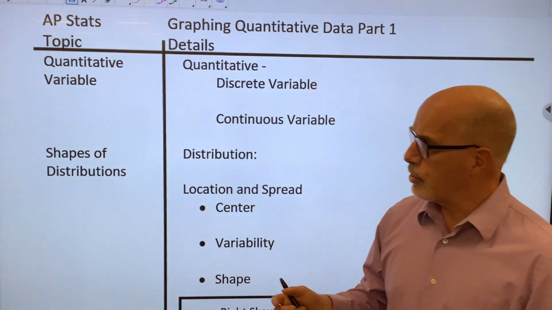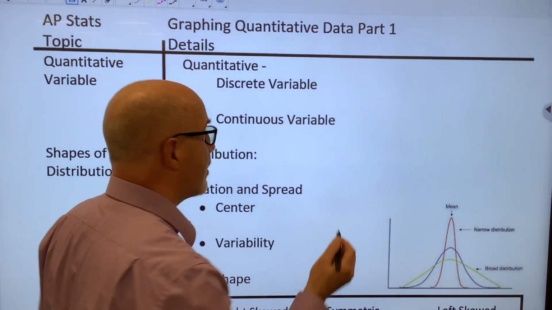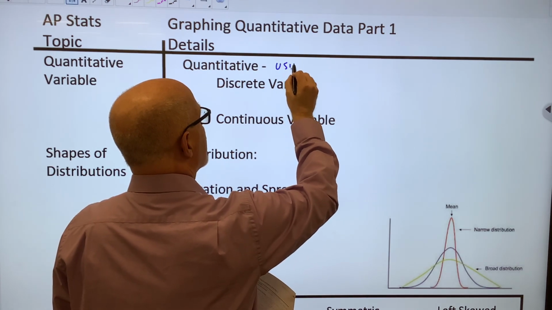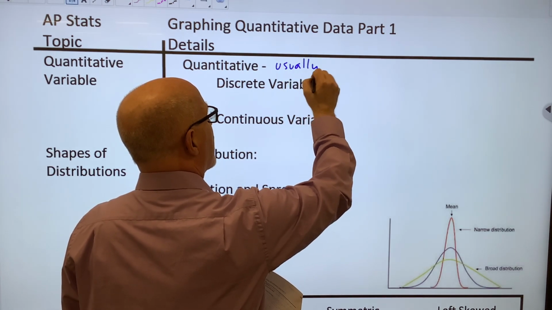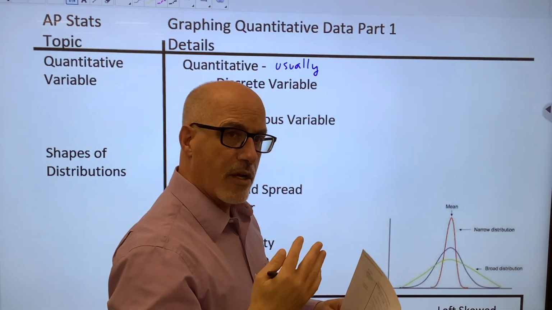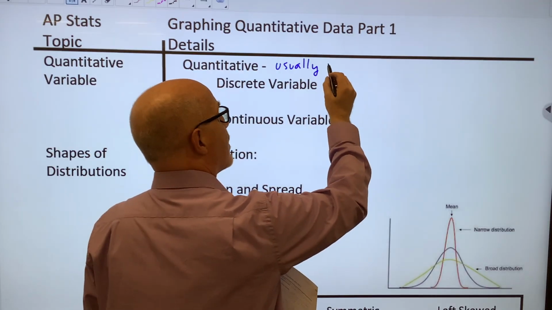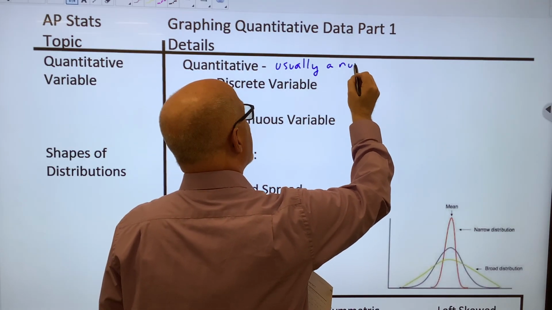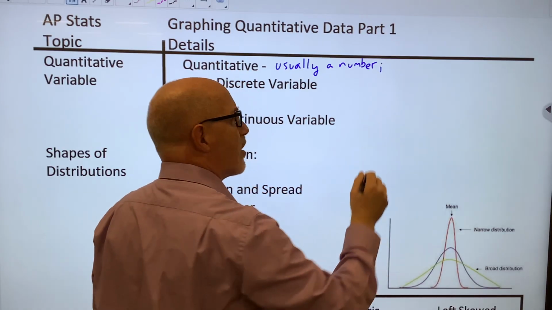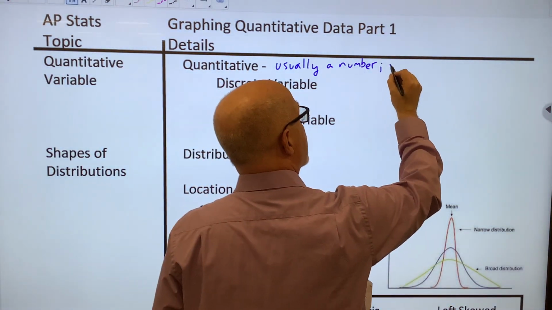So as we should recall, quantitative is usually a number. Not always. Sometimes we'll use a number to describe a categorical variable as well. But if we have a number, it's usually going to be quantitative, and we look at things that are either measured or counted.